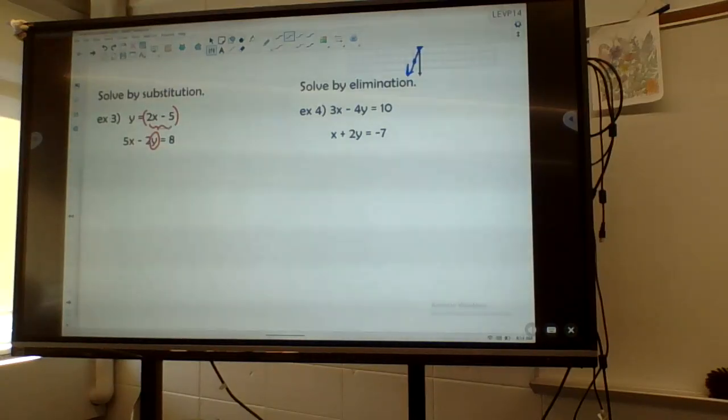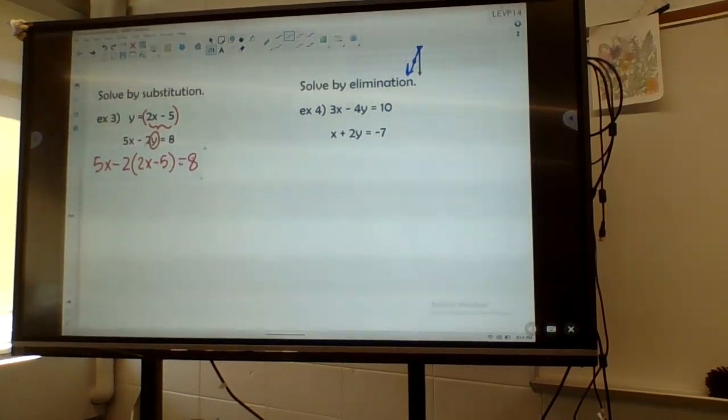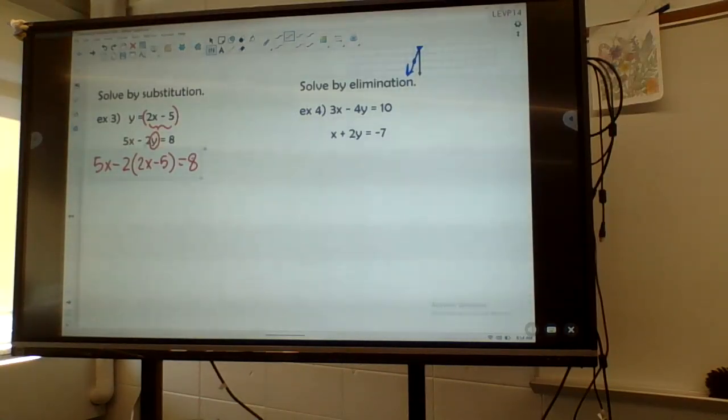So we're going to replace y with 2x minus 5. So 5x minus 2, and then parentheses, 2x minus 5, and that's going to equal 8. So what I just did there was I replaced the y with what I knew y equaled. And we're going to be able to solve that new equation.